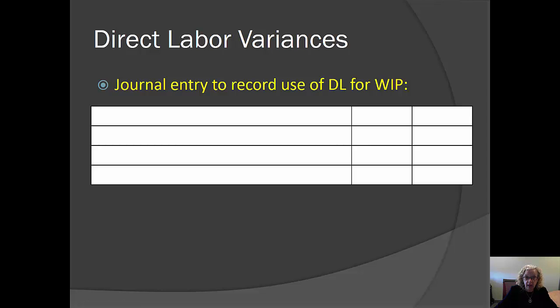Now we have to journalize these variances. In a standard costing system, variances are actually part of our journal entries and accumulate throughout the period. You don't see them on external financial statements because they close to cost of goods sold at the end of the period.